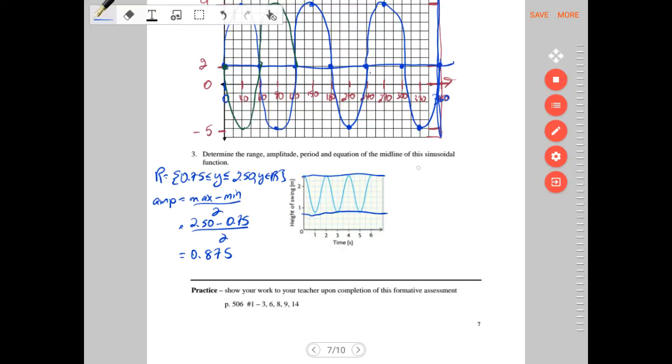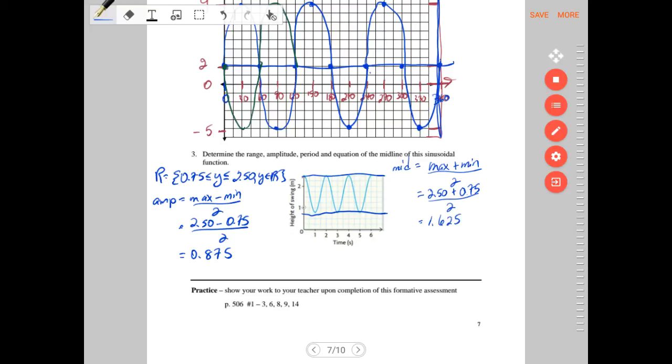Good. Let's find the midline. So again, we're going to go max plus min divided by 2. So my max was 2.5 plus 0.75 divided by 2. So that would be 3.25 divided by 2 is 1.625.